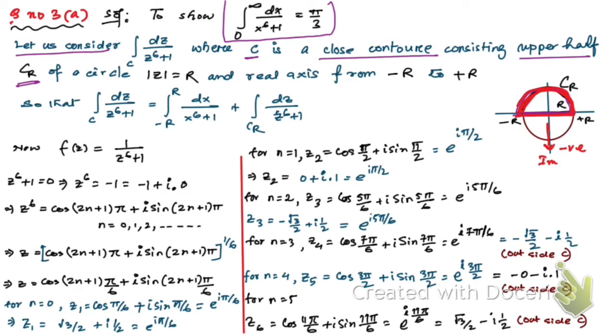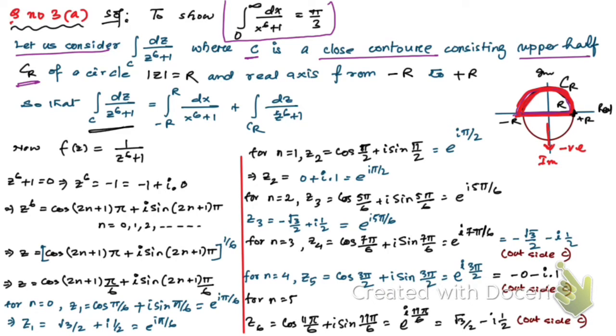This is the real axis, and this is the imaginary axis. On the real axis we have a positive real number r and a negative r, so that we can write this integral this way.